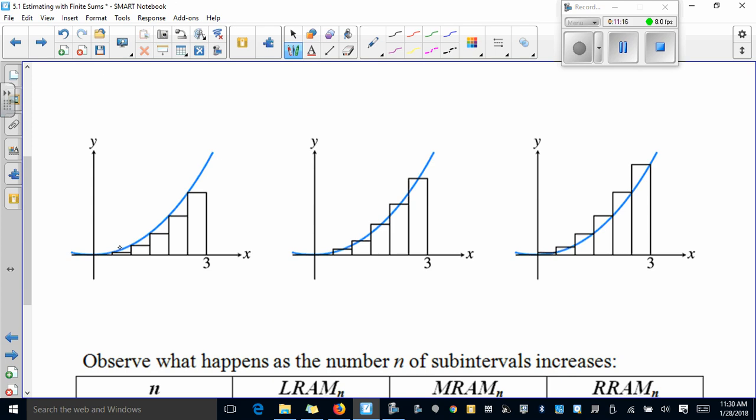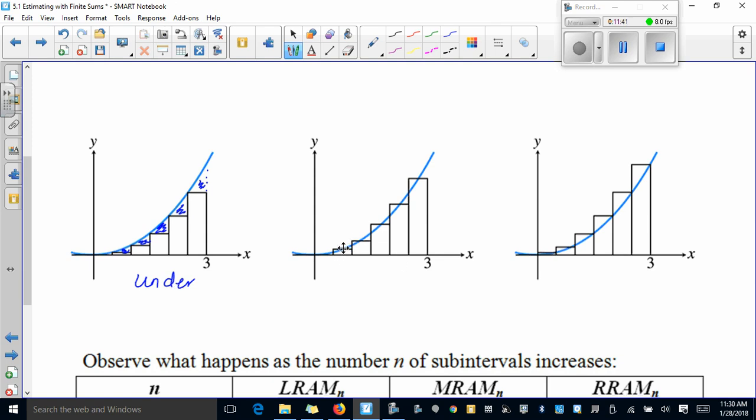This one being the midpoint, and you can see that it's going through the midpoint of each of these, this one is going to be most accurate right now, because you'll see it's a little bit above the line and a little bit below, a little bit above, a little bit below.